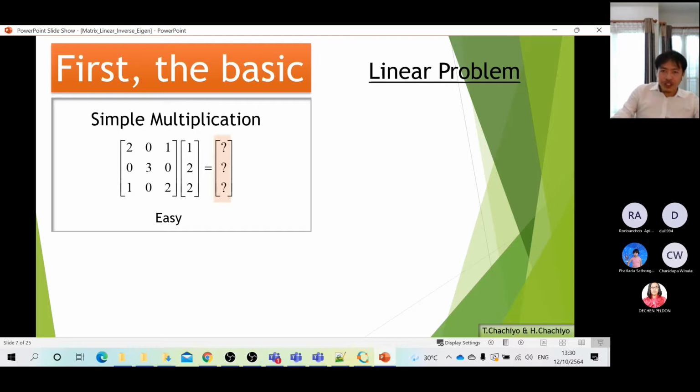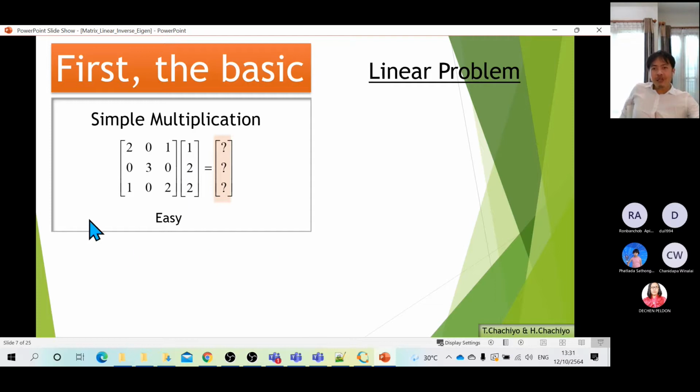Okay, let's see. Now, let me shift the topic to another concept, what we call a linear problem, which we see every day in research. Suppose we have a very simple multiplication of a matrix. We have that matrix and we want to multiply it by the vector 1, 2, 2.